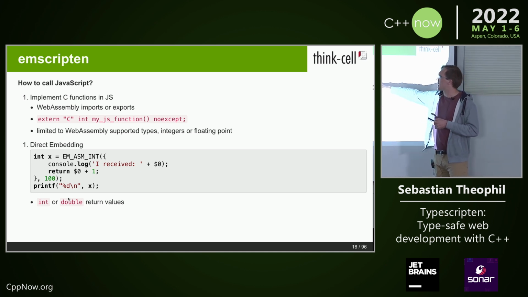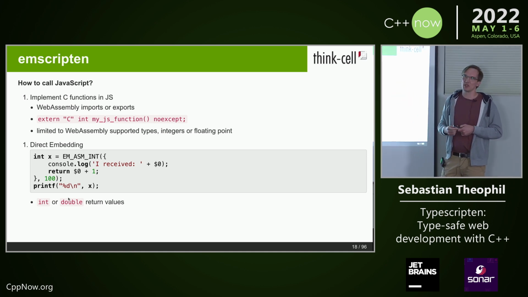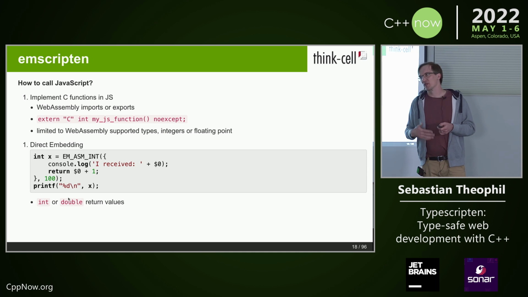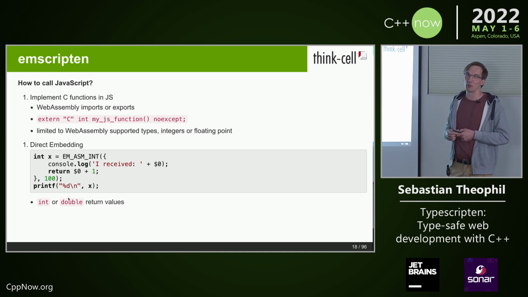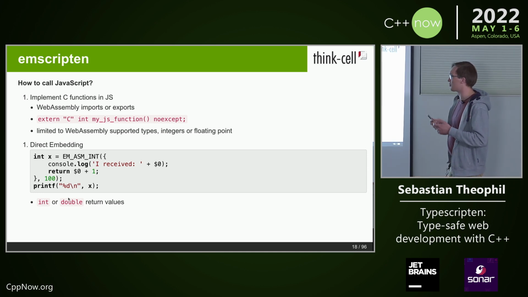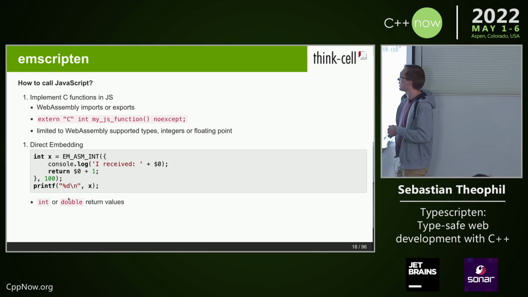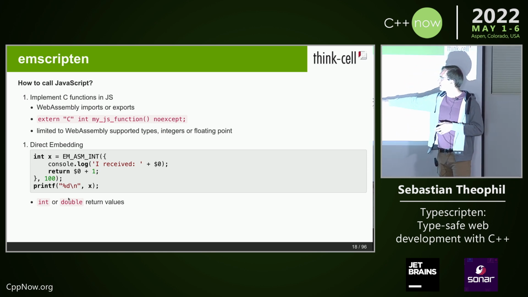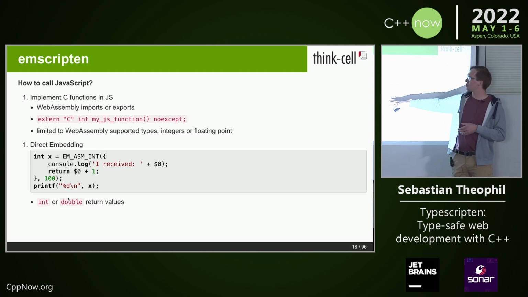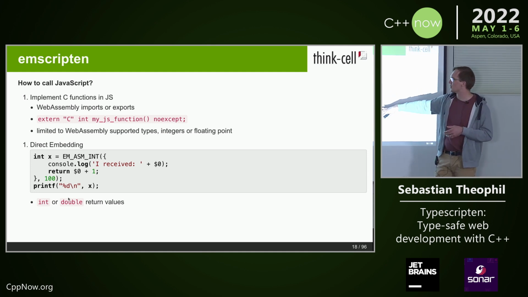But these functions are then limited to data types that WebAssembly supports. So the return values and the arguments can only be integers or floating point numbers, which is, well, a pretty big limitation. The second way is this direct embedding here, where emscripten provides a set of macros.